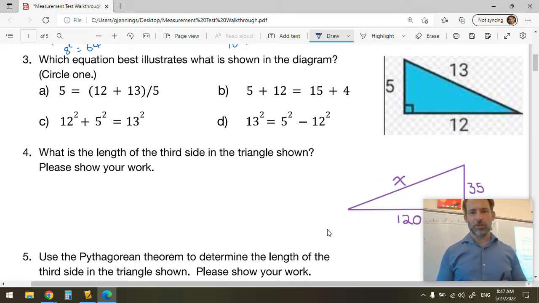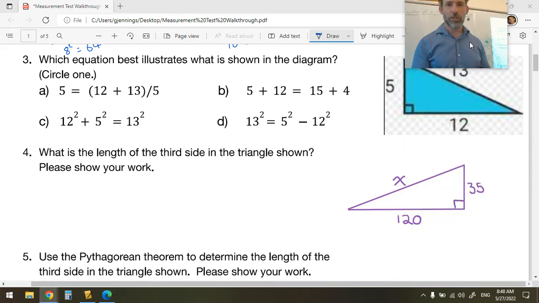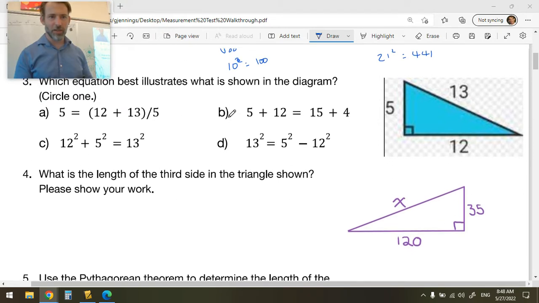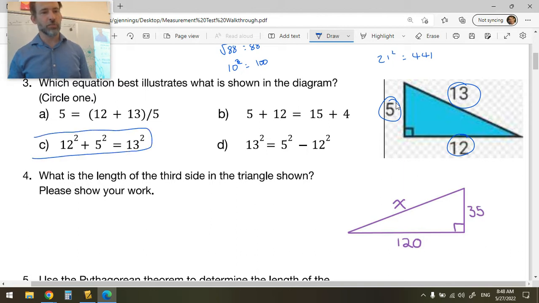Next was testing your knowledge of the Pythagorean theorem and which one of those expressions could be used to solve some of these problem types here. In this case, we have the Pythagorean triple 5, 12, 13, and indeed 5 squared plus 12 squared does equal 13 squared, so this is a right angle triangle, and this would be the expression that would best summarize that.